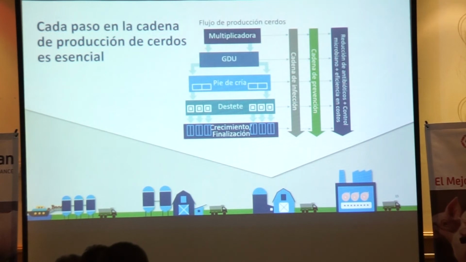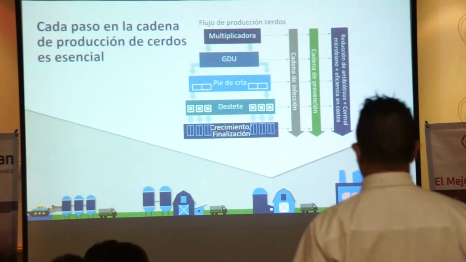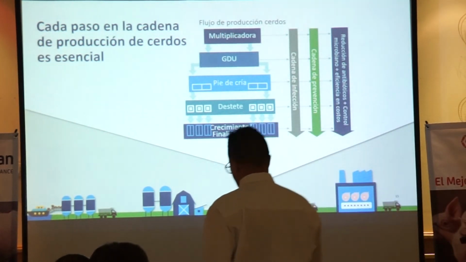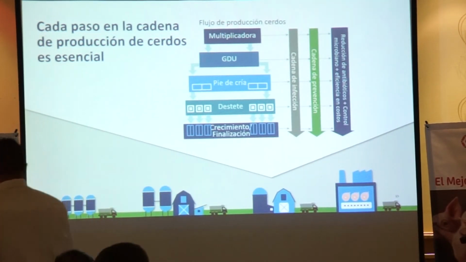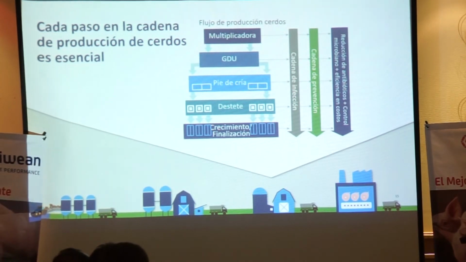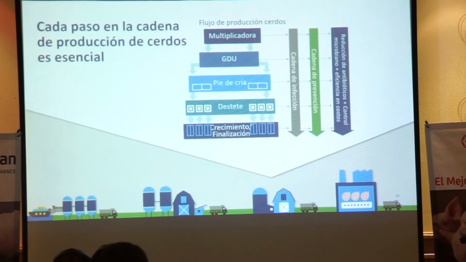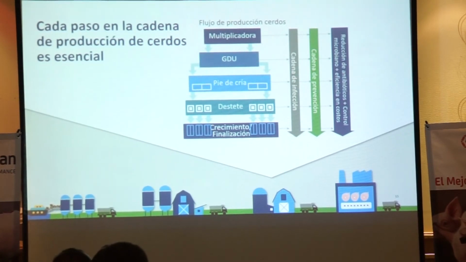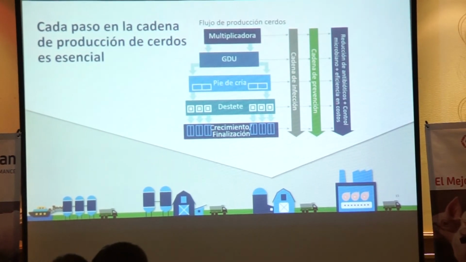And within the production of the animals, we would like to look at the complete production chain too, starting from the multipliers, or from the grandparents, going all the way to the finishers. Every link in the production has its own challenges and its own difficulties, and we would like to see all of them because, of course, they are influencing each other.